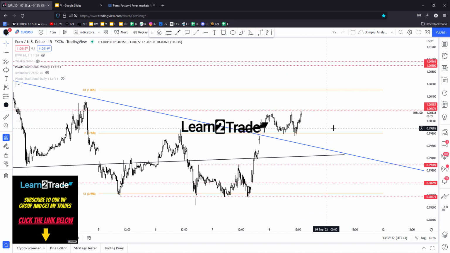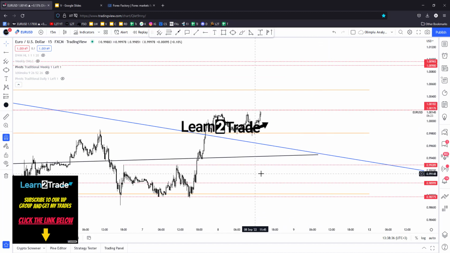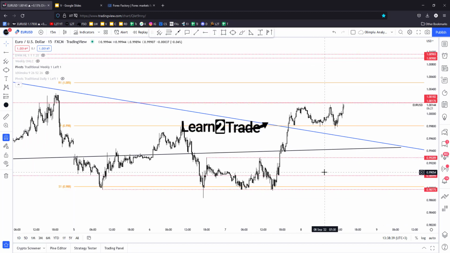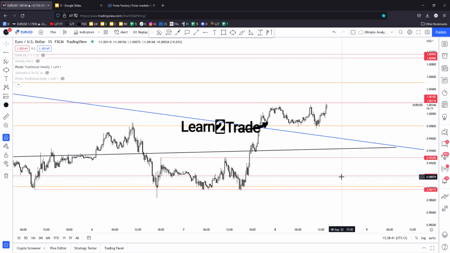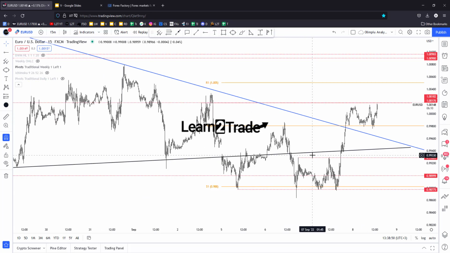Right now it's traded right above parity. It stands below 1.0017, 1.0018. And this sideways movement could represent an accumulation consolidation before extending its rally in the short term.